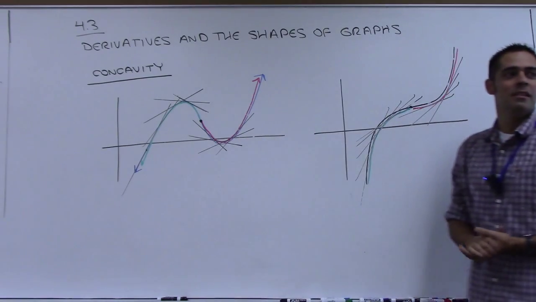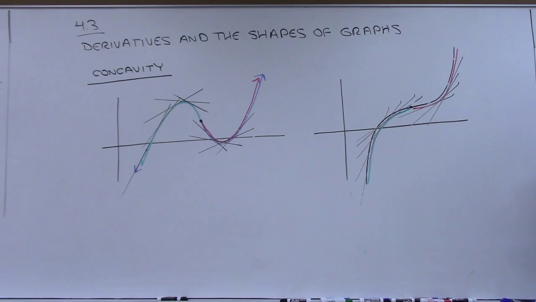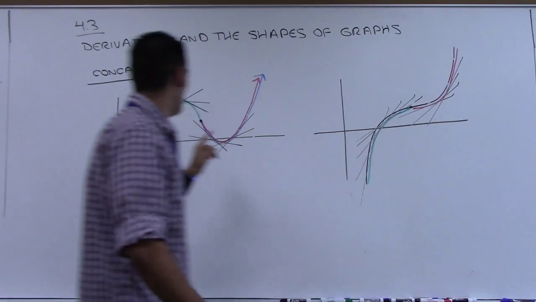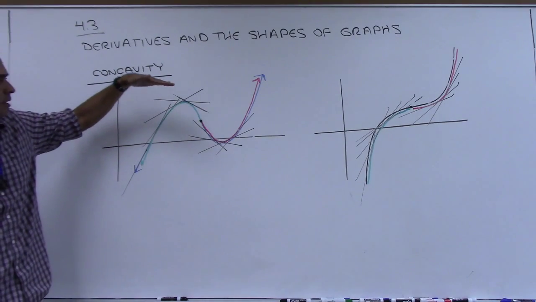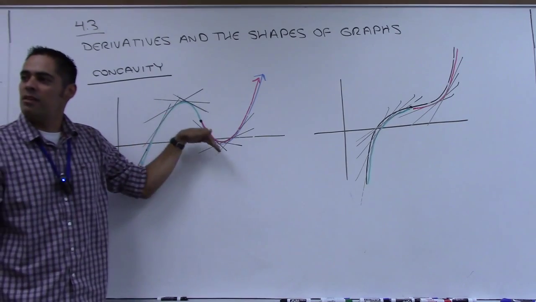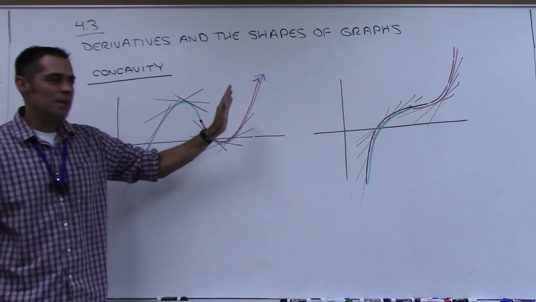Are they reflected across horizontal? It's not reflections, because I could draw the graph a little differently. Oh, it's just that the ones on the left are sitting on top of the line, and the other ones are sitting on the bottom. Very good. So look, on the greens, all my tangent lines are always above the graph. And on the reds, the tangent lines are below the graph. And same thing here.